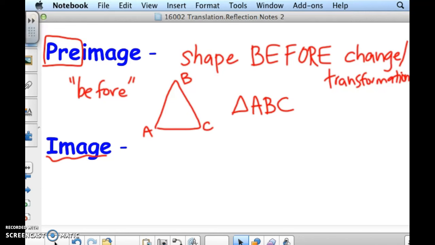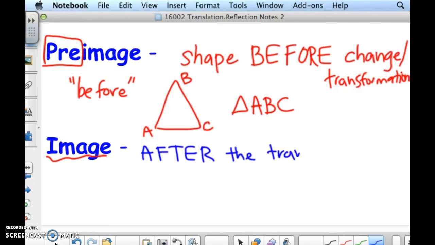But what happens when I have a transformation is after I've moved it, I need a new label for these. So after I've moved this, this is after the transformation. This is what my shape is now going to look like. So say in theory I slid this triangle right down here. And now this is A prime.